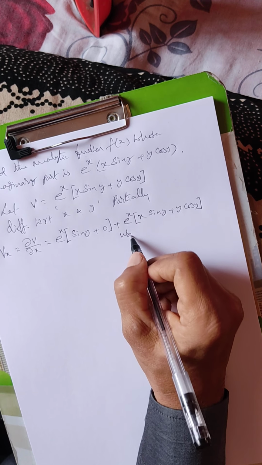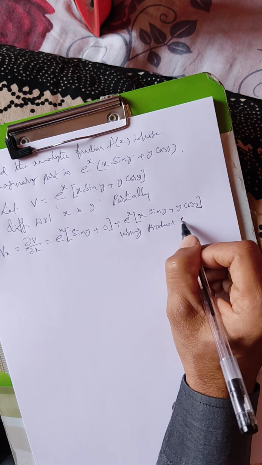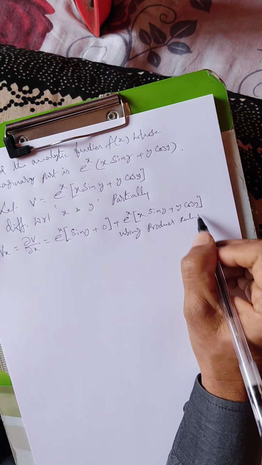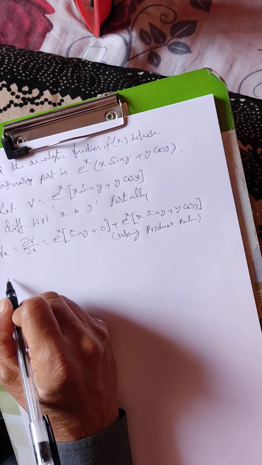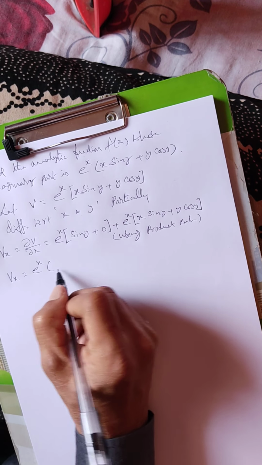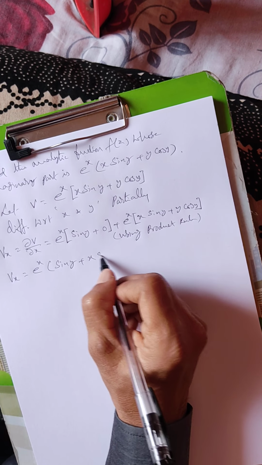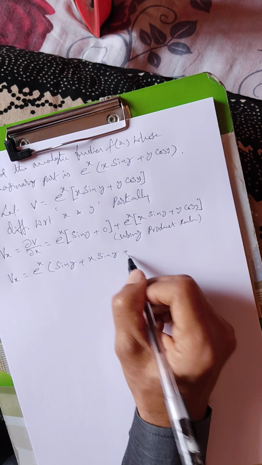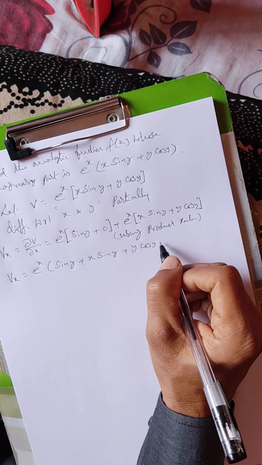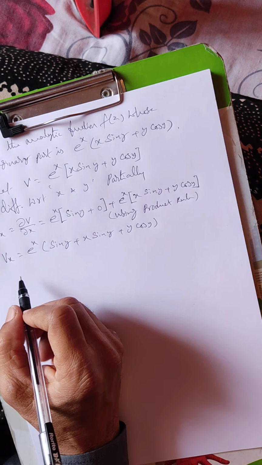So if you want, you can write using the product rule. So that is vx is equal to e power x into, e power x is common here, sin y plus x sin y plus y cos y, that is vx.